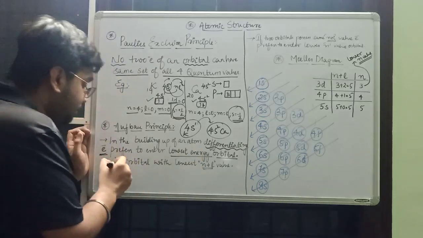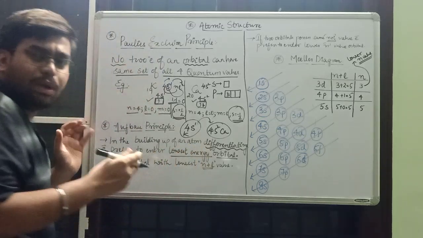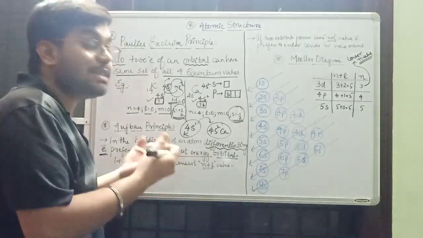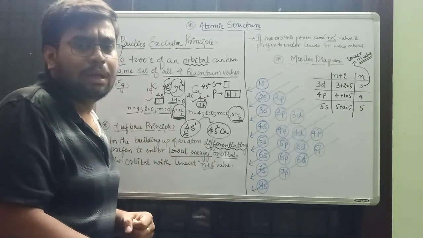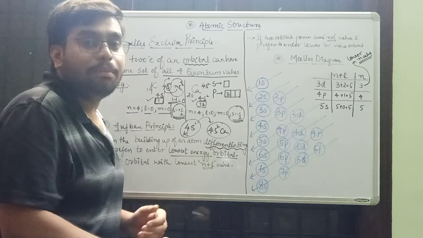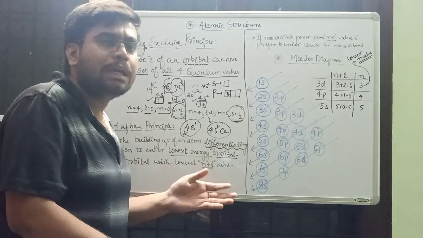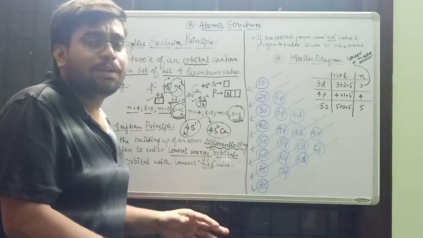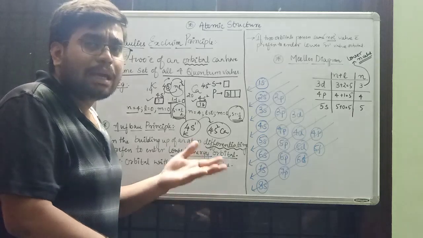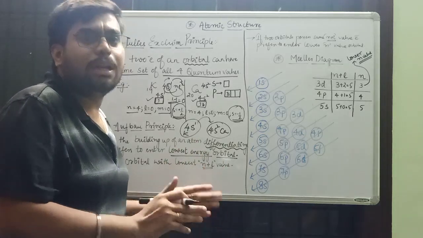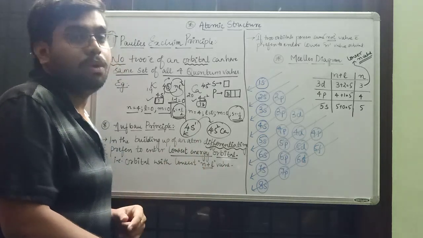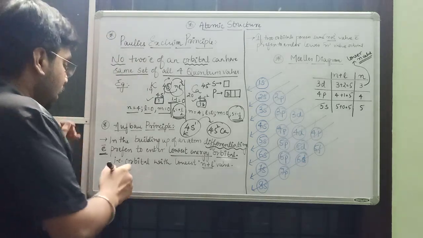So how can you assess the energy of an orbital? Do we need to calculate it every time by using the formula energy equal to minus 313.6 n square by n square? Is that formula required every time? No. Then what should we do?